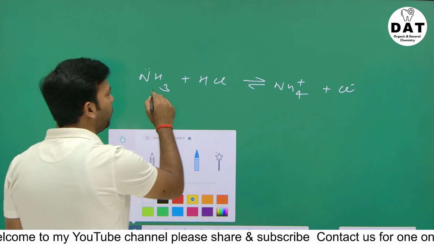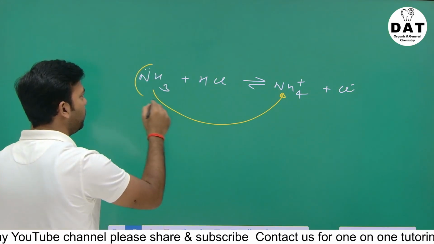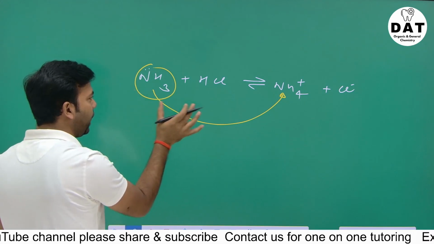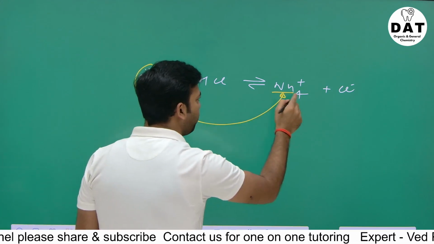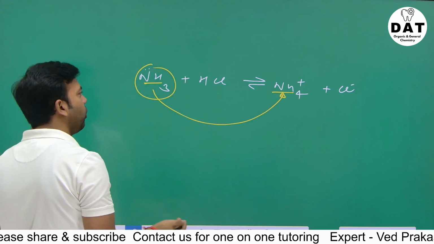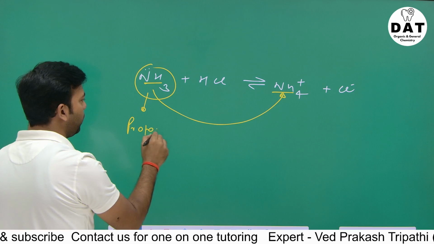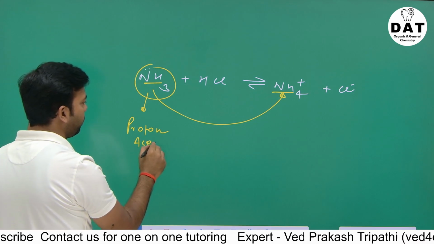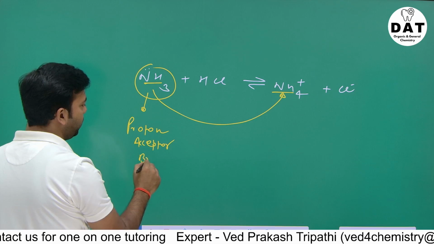We all know NH3 to ammonium ion is a proton acceptor. It grabs the proton because in ammonia you have 3 hydrogens and here you have 4. So there is an addition of a proton. Proton acceptor, which means Bronsted base.